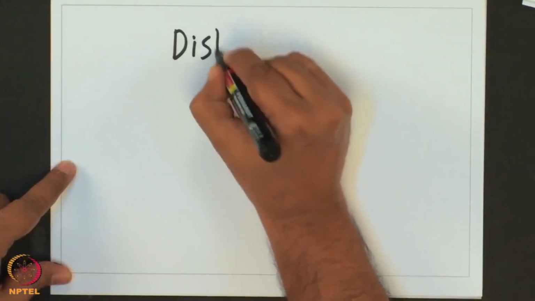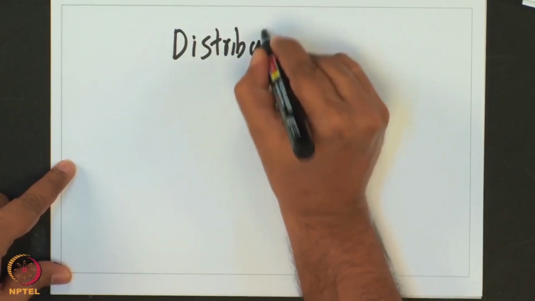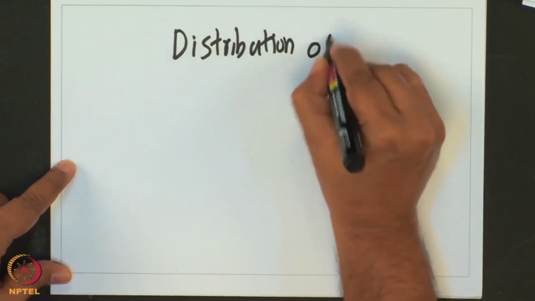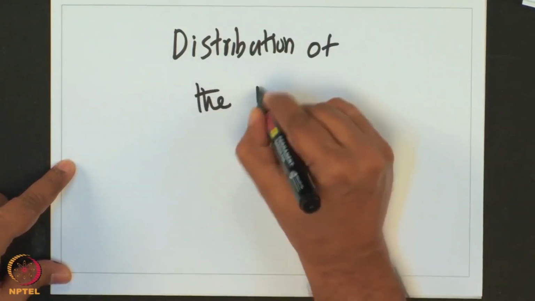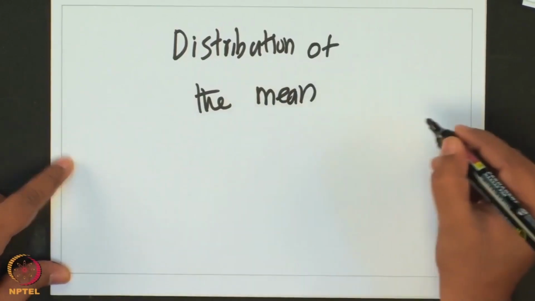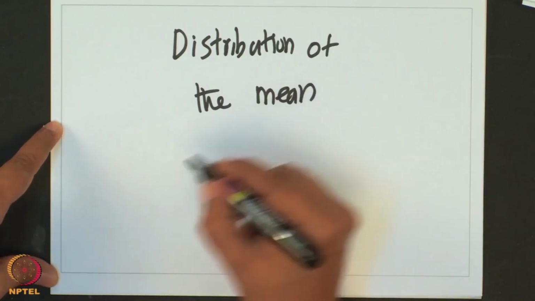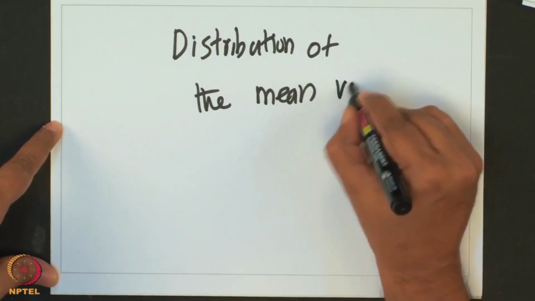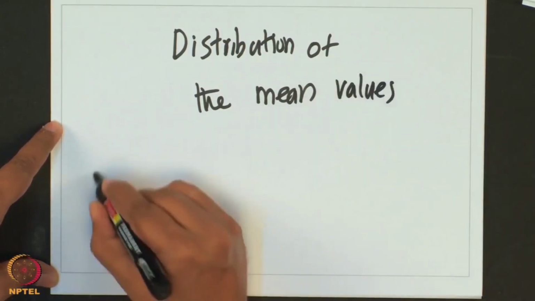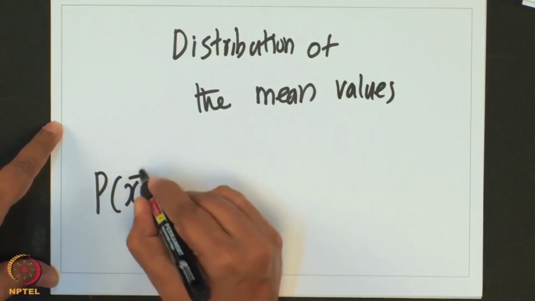Now how would we write a formula for the distribution of the means? Let me write here the distribution of the mean values, P of x bar.